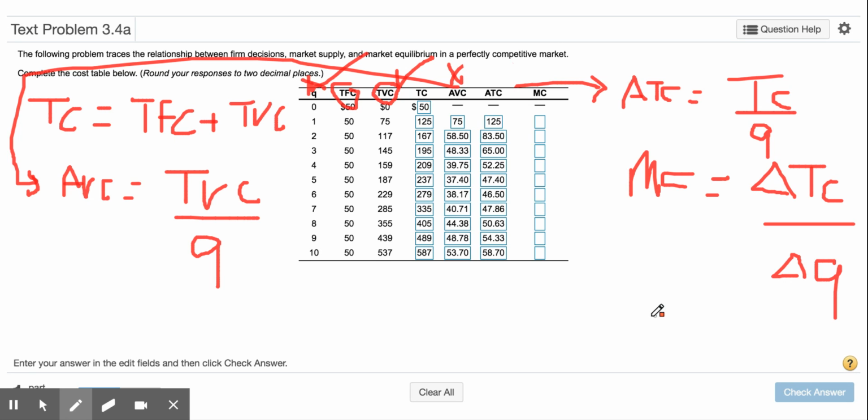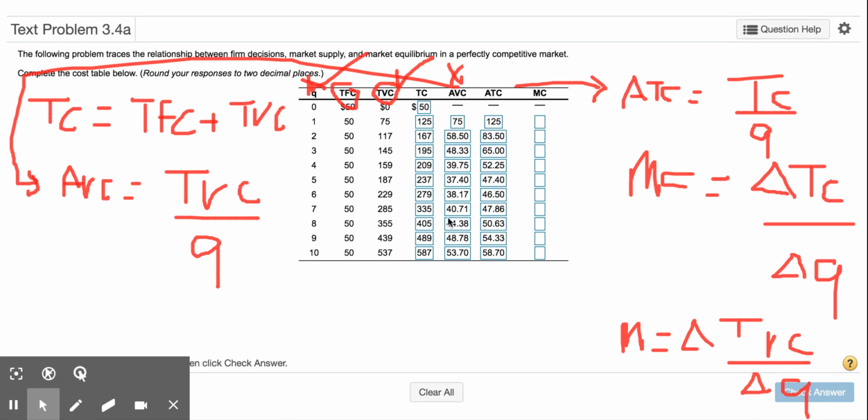You also can get the same number by dividing change in total variable cost, which might be easier, by change in quantity. 125 minus 50 is 75, or 75 minus 0, same thing, because fixed cost doesn't change. So we're going to use total variable cost, which is easier.